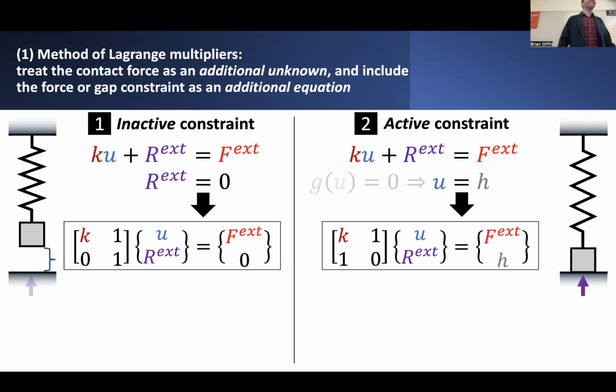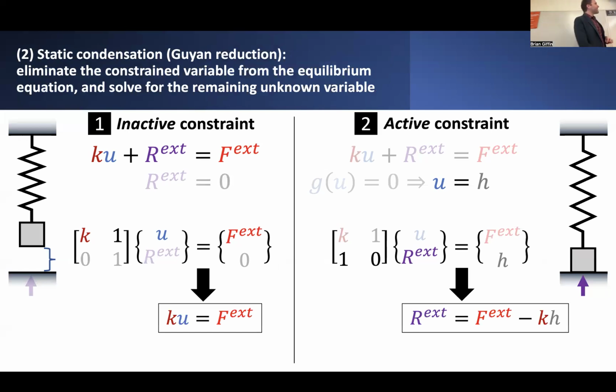And then I don't have to solve a 2x2 system of equations. I can just eliminate one of these two variables and then solve for whichever remaining variable I need to determine. So in the case of an inactive constraint, if we say R external equals 0, just plug it in. Okay, we get back to our usual KU equals F external. Just proceed as if there's no contact constraint whatsoever.